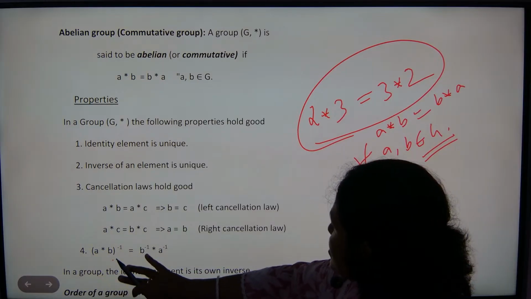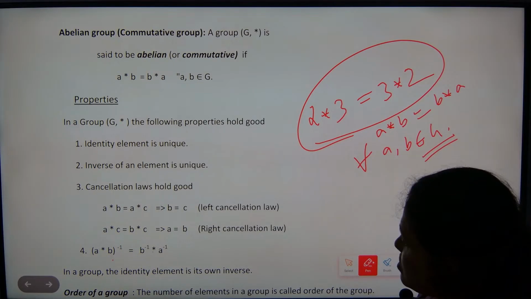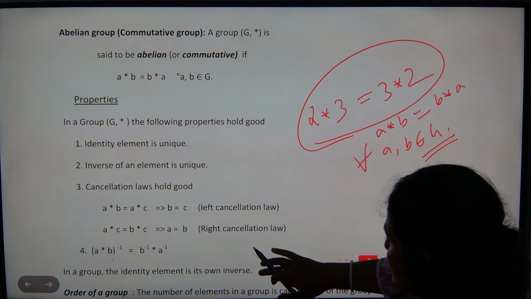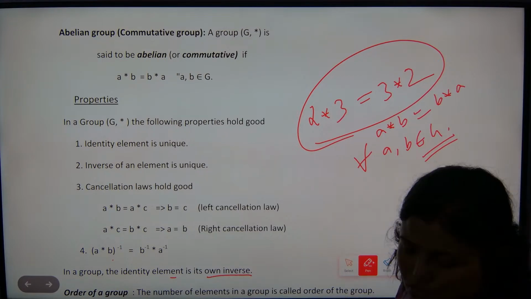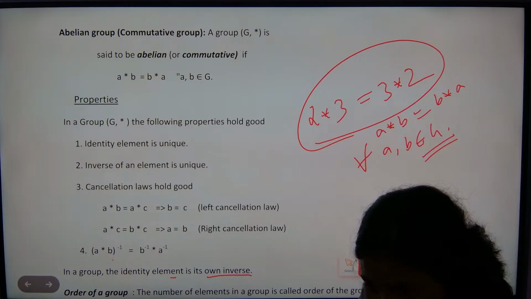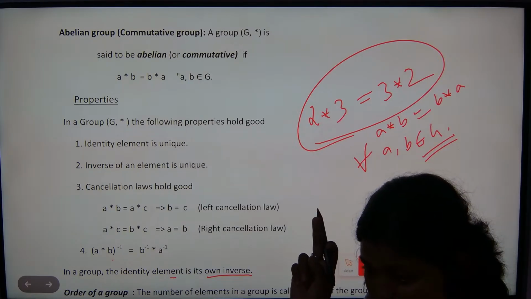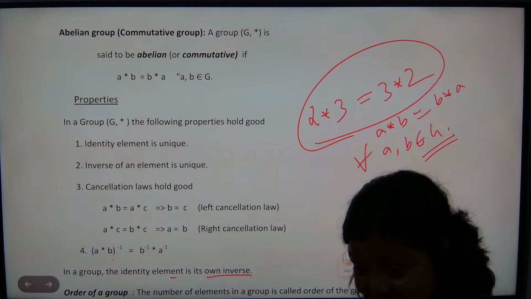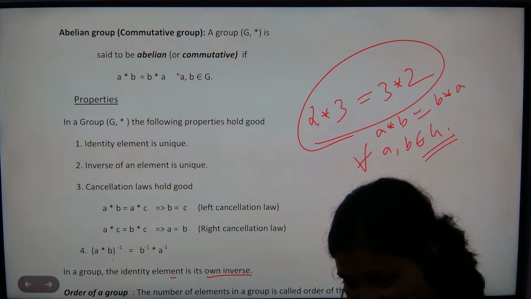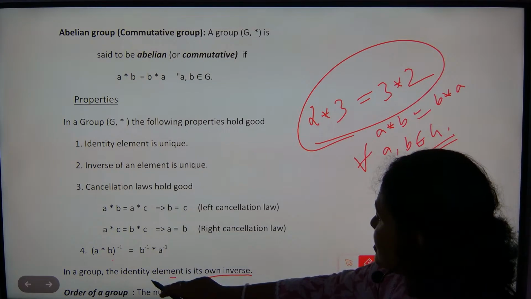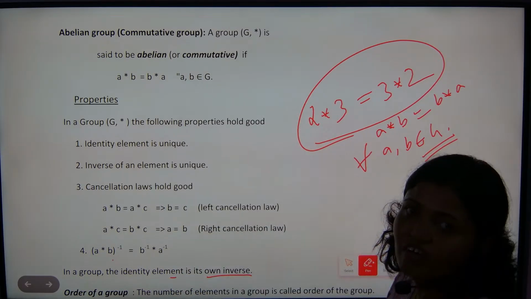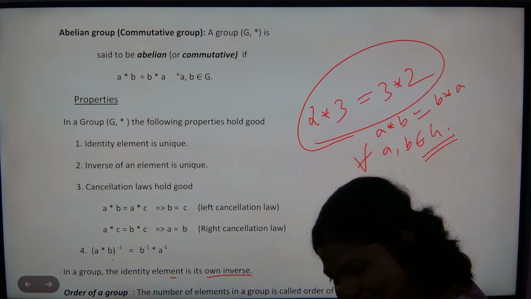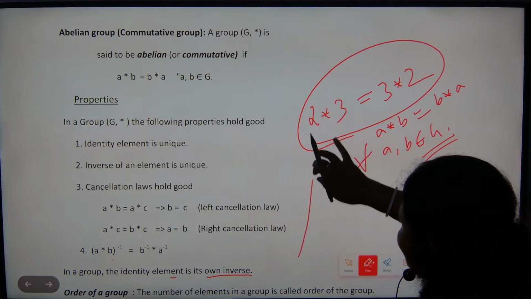(A star B) inverse is B inverse star A inverse. এটা important, এটা আসে অনেকবার। ঠিক আছে, identity element is its own inverse. আমি একটা প্রুফ দেখাইছিলাম, identity element এর inverse বের করতে হয় না, ওইটা identity ছিল, তার জন্য ওইটার inverse ও ওইটাই আসছে। So this is important. Okay.